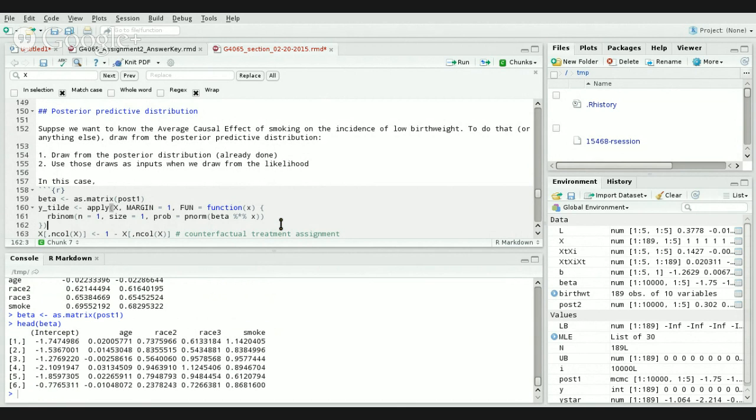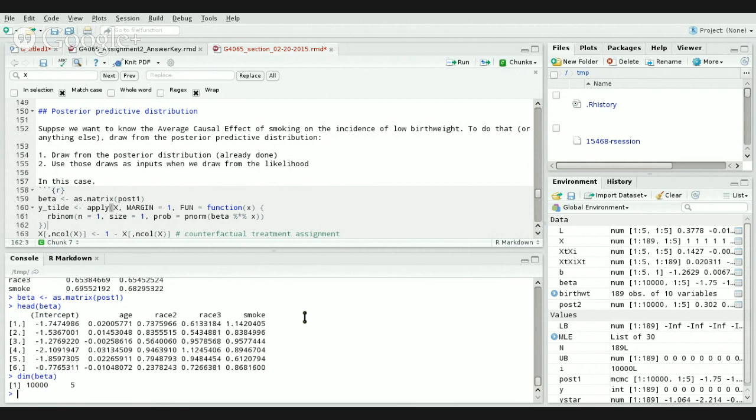So we have a matrix of betas that came from MCMCpack, so it's the good kind. 10,000 draws from the posterior distribution on each of these 5 coefficients. So if we wanted to draw from the posterior predictive distribution based on the x's that we have, we can use the apply function to each row.